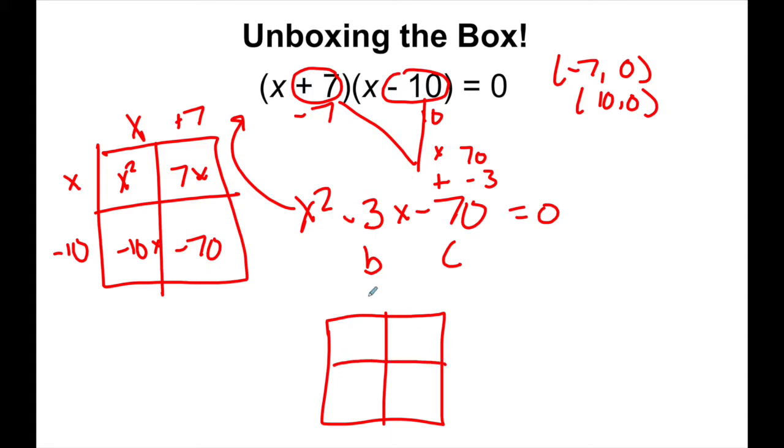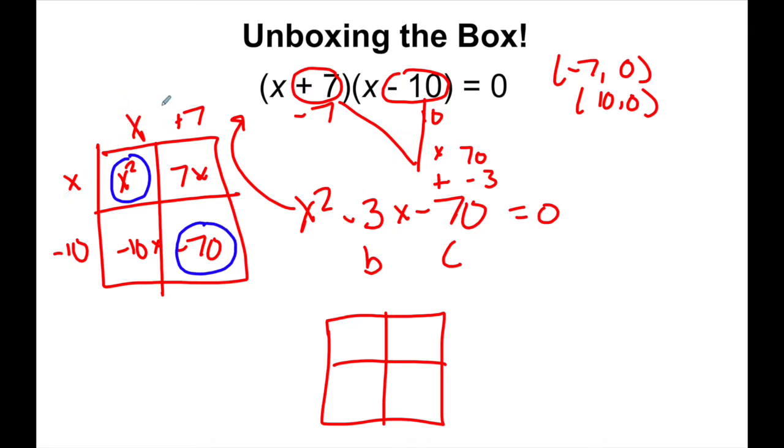So what are a few things we notice about this box? Well, one thing I notice is that the x squared is always in the top left, while the -70 is always in the bottom right. That is, the thing that only has x's in it is up in the top left, while the thing that has only numbers, no x's at all, is in the bottom right. And if you think about it, that makes sense, right?